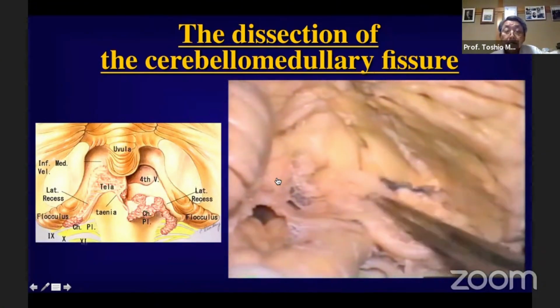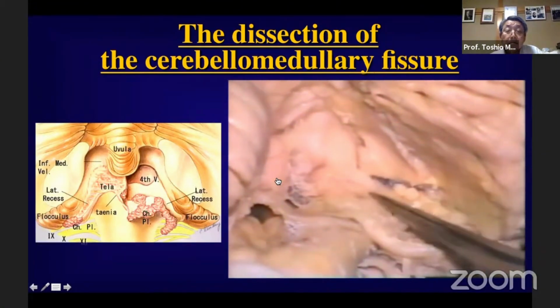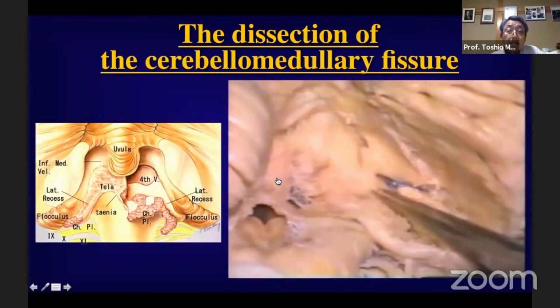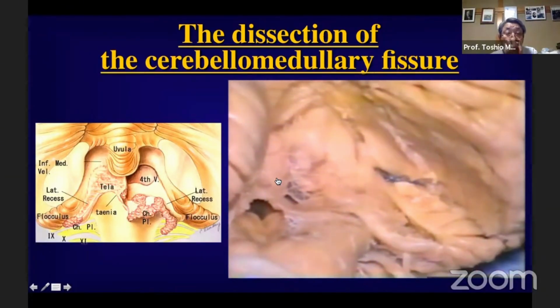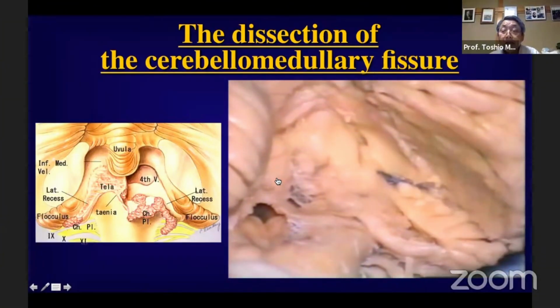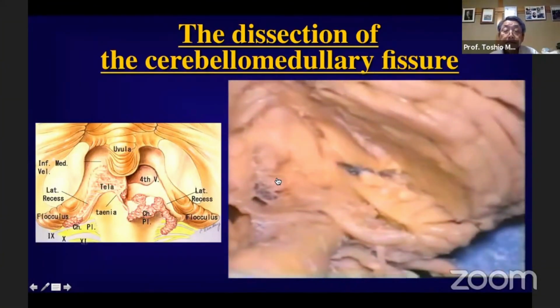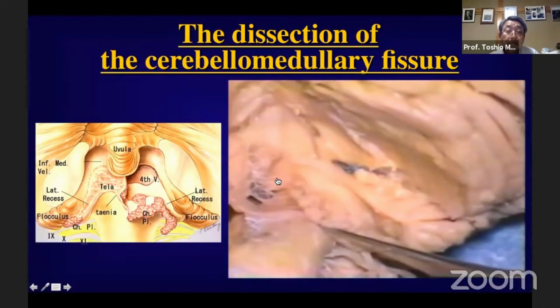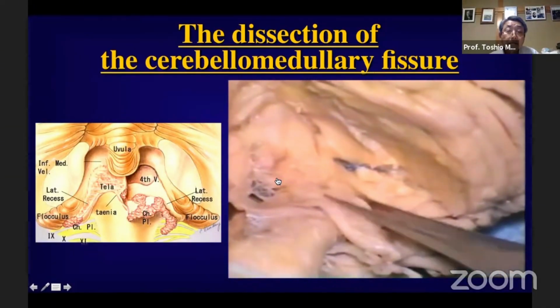The boundary between the inferior medullary velum and the tela choroidea, which we can call the telovelar junction, is easily detached. When the tela choroidea is reflected, the choroid plexus attached to the tela choroidea appears.